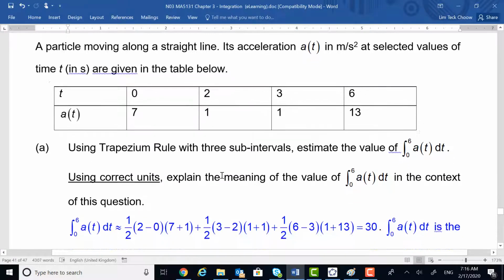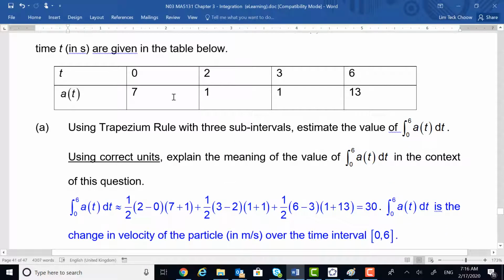So you just find the trapezium at each of them. The first trapezium is found by taking the sum of the two parallel sides over 2 times the height or the width. It is the area of the trapezium for the first trapezium, and this is the area for the second one and for the third one. And then you work it out, it turns out to be 30.